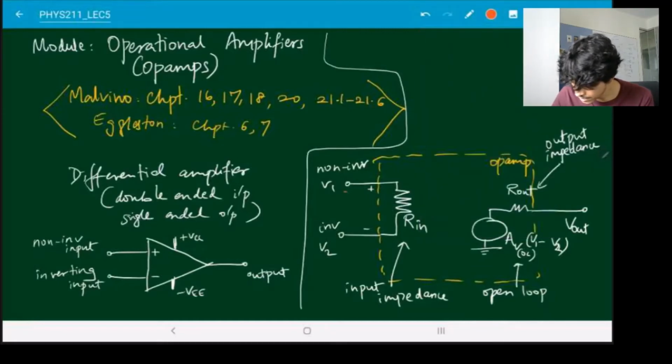The current flowing in over here is of the order of nanoamperes. This input resistance over here is of the order of mega ohms. That means the potential difference across these two is this current times this resistance. So this is of the order of millivolts. In other words, the difference between V1 and V2 is so small that ideally you can say that it's the same voltage. So we say that there is a virtual short between V1 and V2.